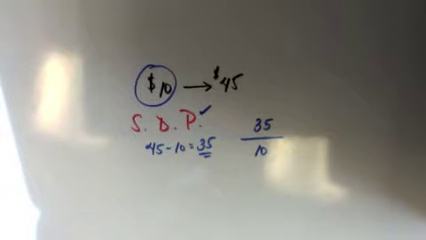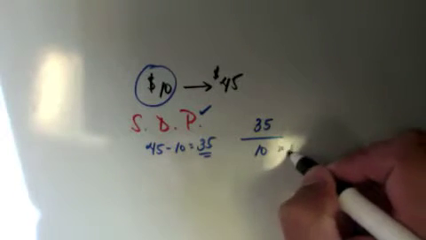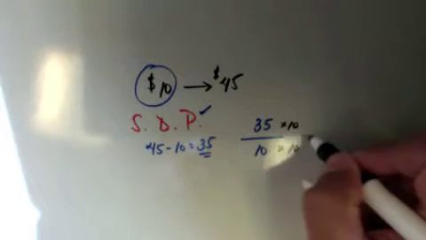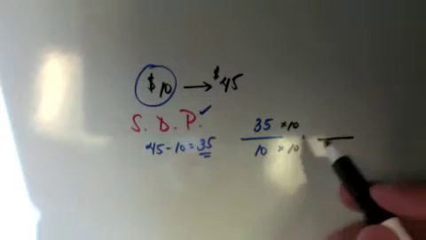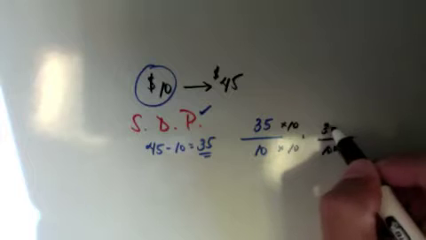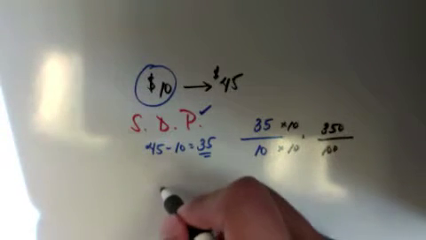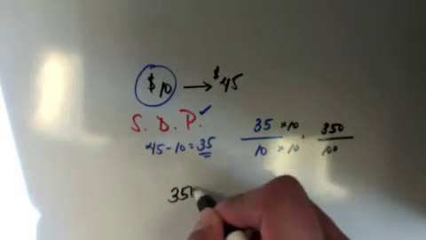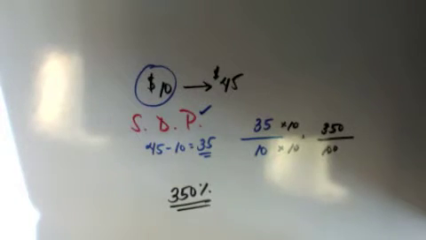I noticed that the denominator is a 10, so I'm going to multiply the bottom and the top by 10. 10 times 10 is 100. 35 times 10 is 350. So this has an increase of 350%. It seems like a lot, but sometimes that happens.